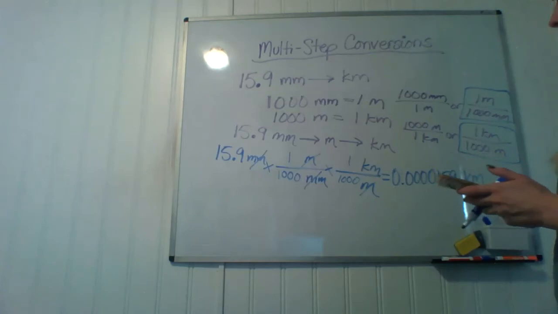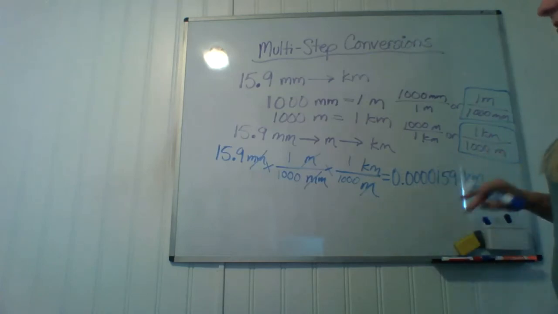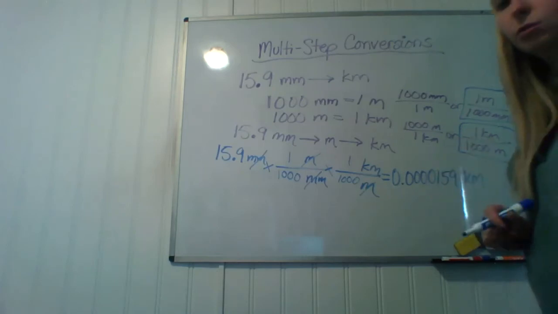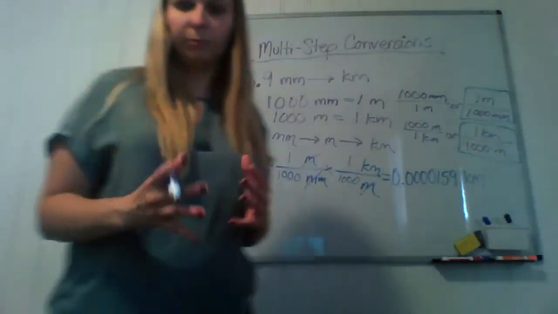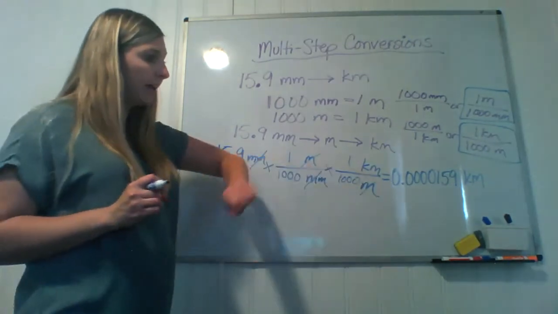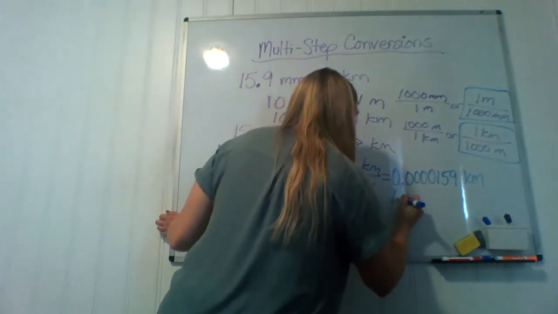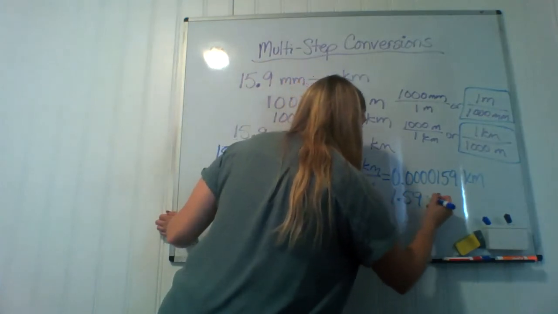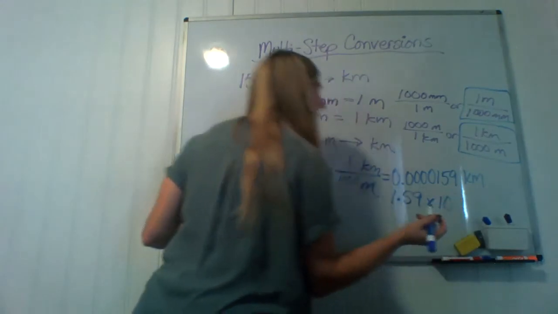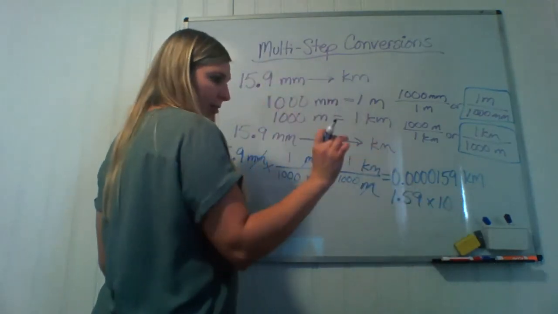Yes, that is correct. Now, this is a very small number with lots of zeros here. What can we do to be able to condense it? We can use scientific notation. We can write this in scientific notation as 1.59 times 10. Now, if it's less than 1, it's going to have a negative exponent.